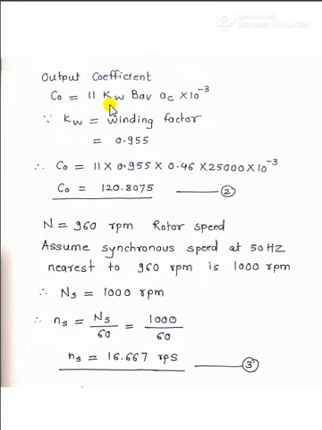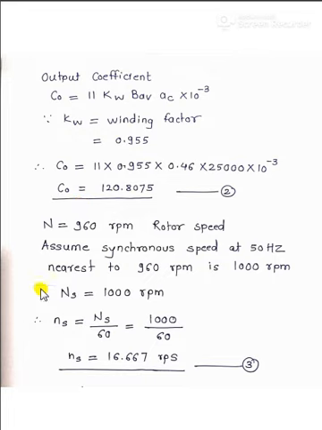Next part is kw. kw means winding factor, and in AC machines we use the winding factor as 0.955. So C naught is equal to 11 into kw value into B average value into ac value into 10 raised to minus 3. By substituting all these constants, we get C naught as 120.80775. Call this equation number 2.